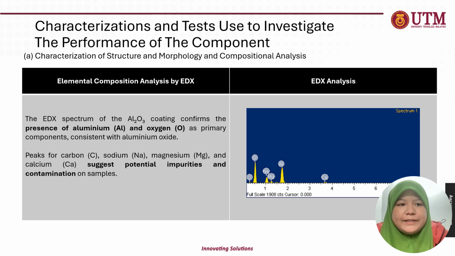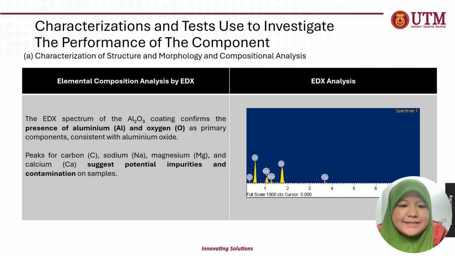The next method is elemental composition analysis by EDX, or energy dispersive X-ray. When we use SEM, we have EDX also. EDX is for elemental analysis. For the aluminum oxide coating, EDX can only confirm the elements, not the compounds. From the EDX analysis, we can get a rough idea of what the coating material is.